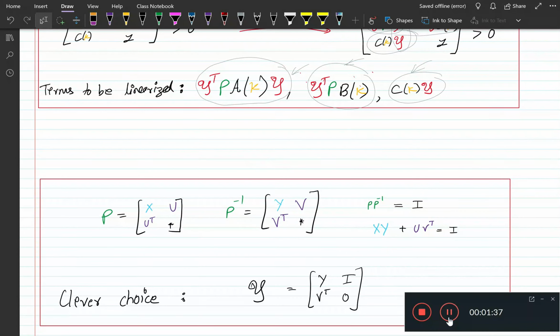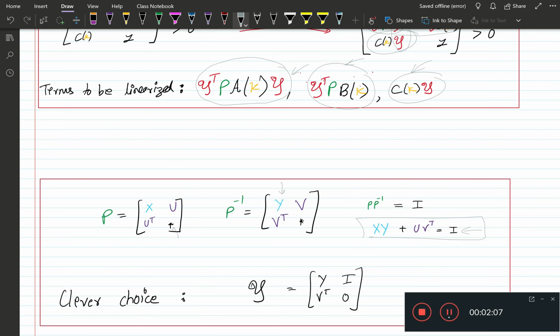If we split the matrix P into blocks X, U, U transposed, and something we don't care about, and we again split the matrix P inverse into Y, V, V transpose, and something we don't care about, then because P times P inverse is identity, we would have X Y plus U V transpose equals identity.